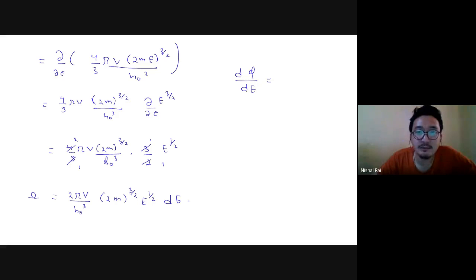Instead of writing d phi, since this is the number of accessible microstates in dE, we write it as omega.